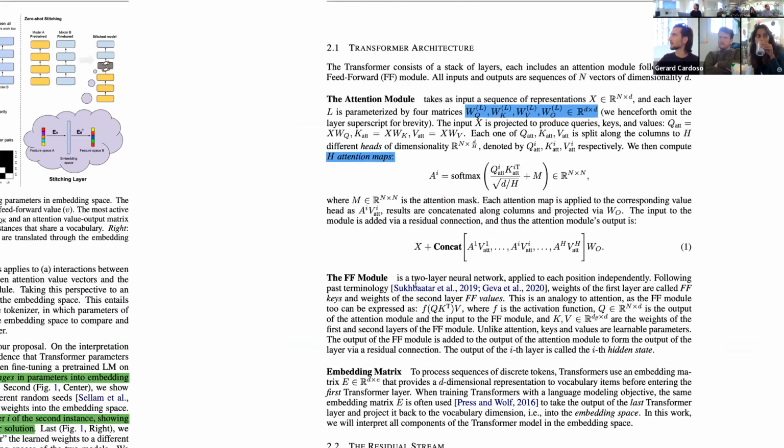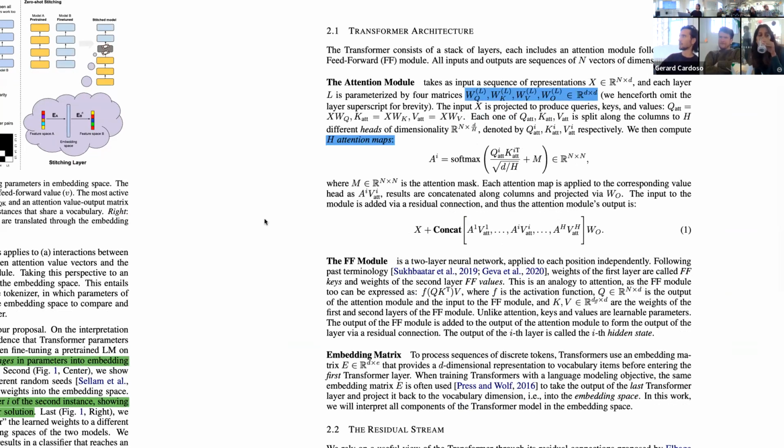So as I mentioned, transformer models are made up of these different parts. There's the attention module, the feed-forward module, and the embedding matrix. The attention module takes the input sequence and is parameterized by 4 matrices: the query, keys, values, and outputs.